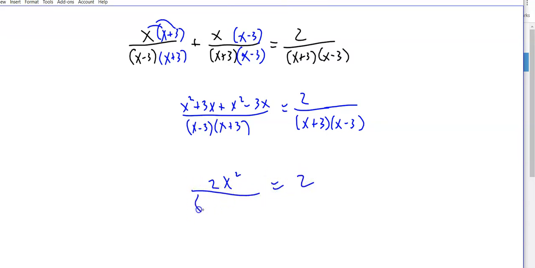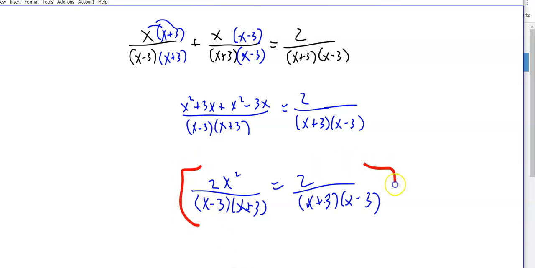But we still have this pesky little denominator, (x minus 3)(x plus 3), but they're the same on both sides, right? So don't we at some point have to multiply everything by the LCD, which is (x minus 3)(x plus 3)?